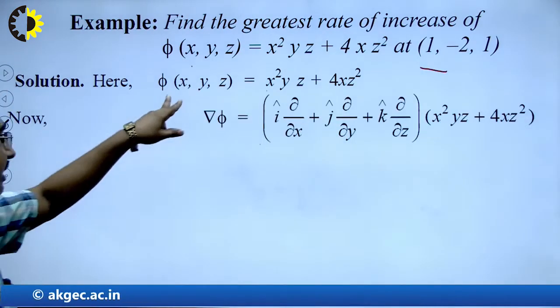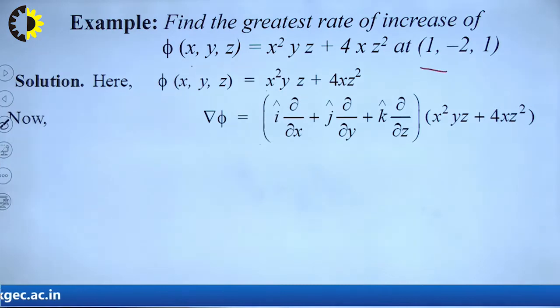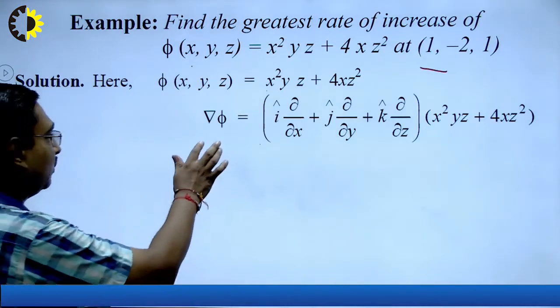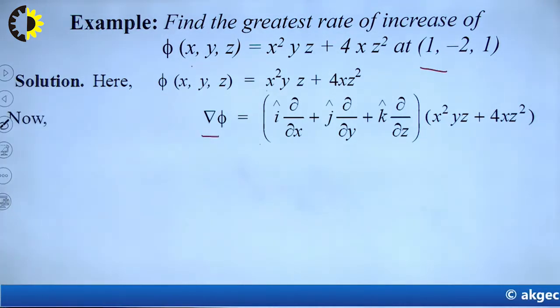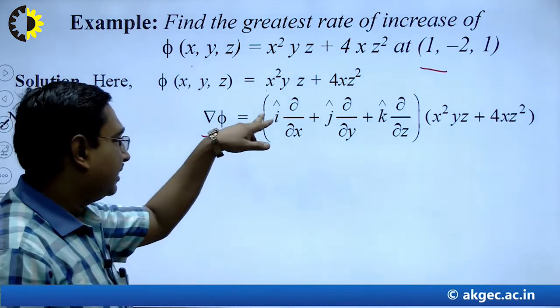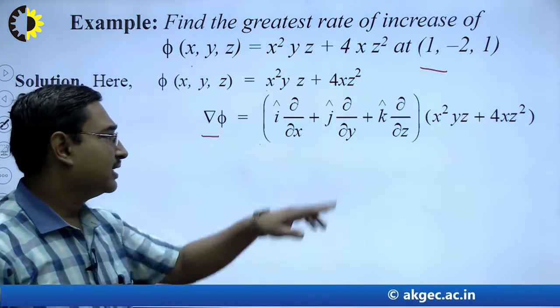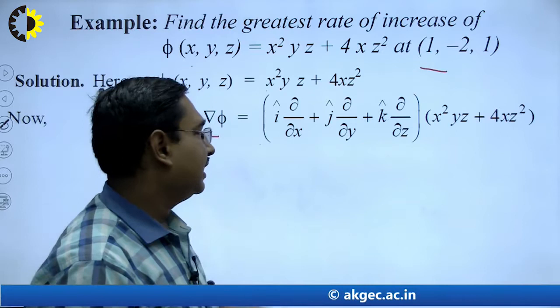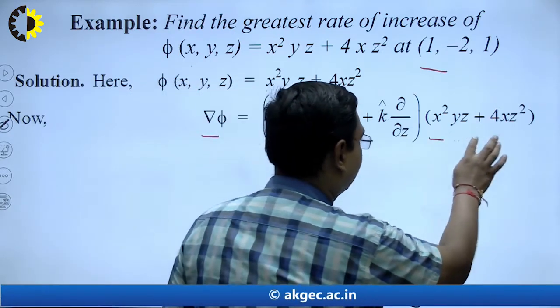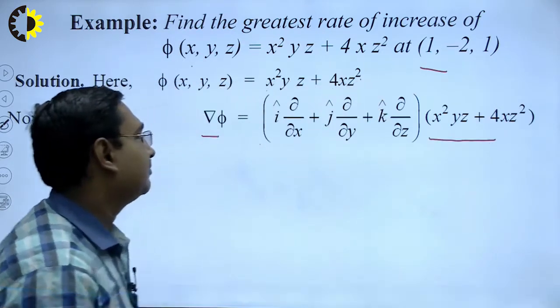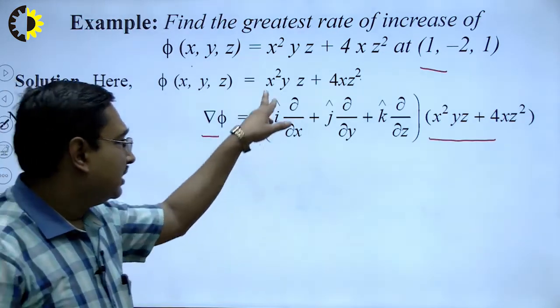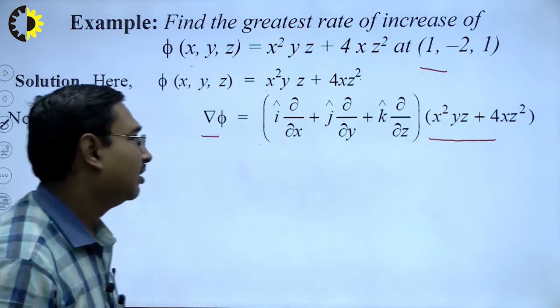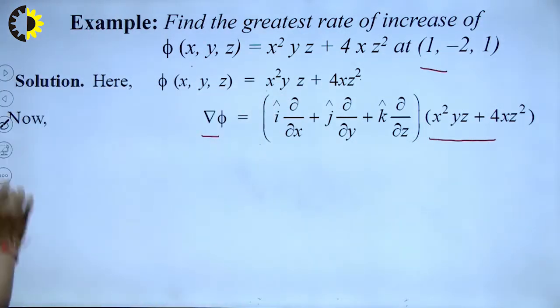Therefore, I have taken phi as this function. We are now trying to calculate del phi. Del phi is the gradient of phi, that is i del by del x plus j del by del y plus k del by del z of this, because phi is this function. Now these operators will be operated on this function.